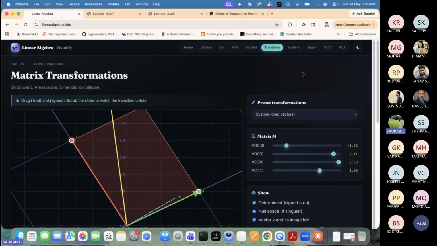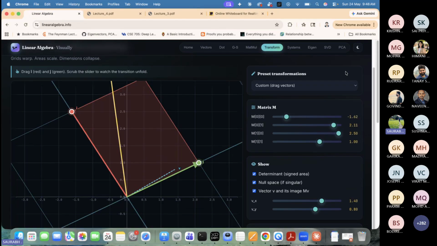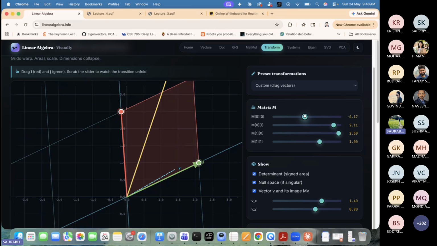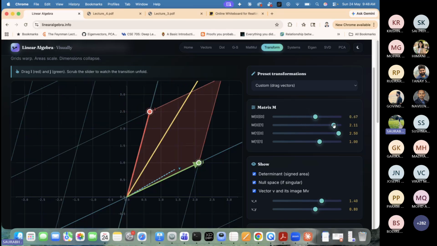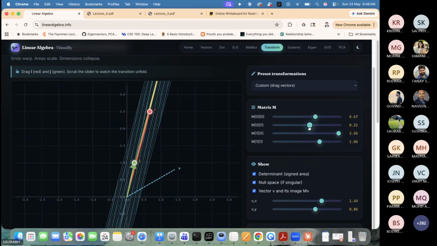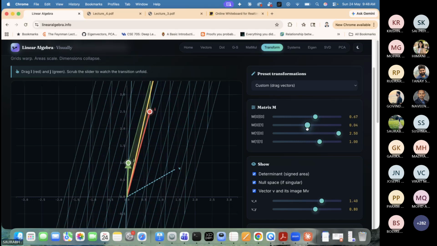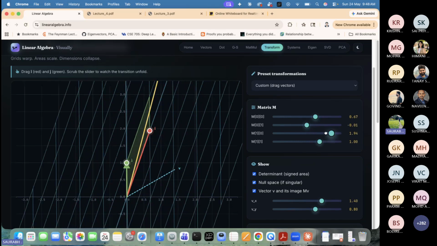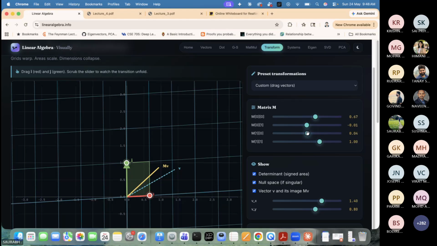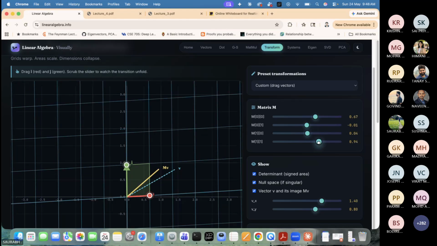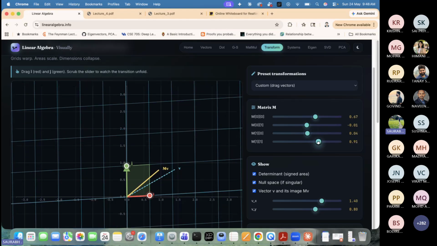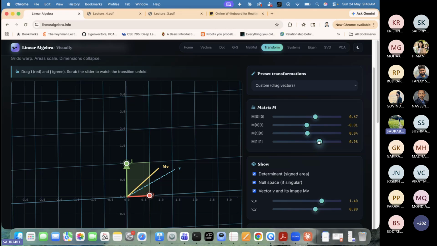When you look at the identity matrix, you just change 0 1 to 1 0.